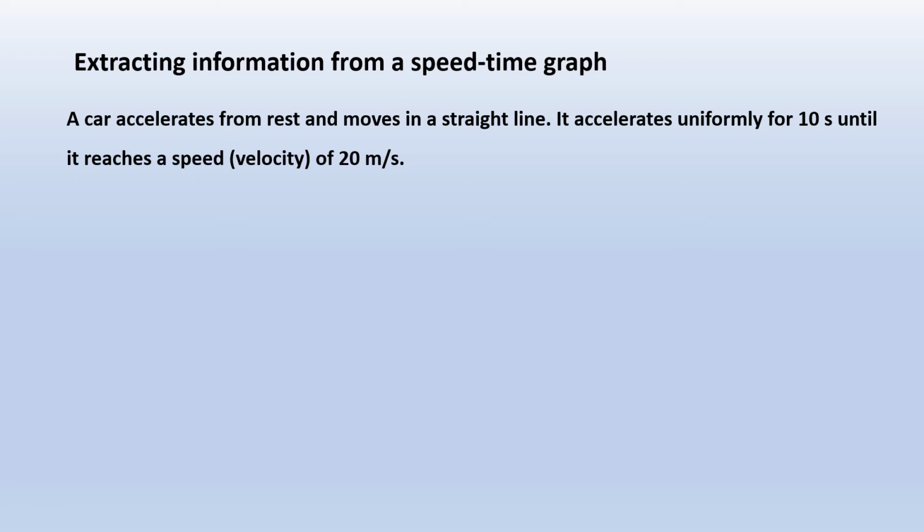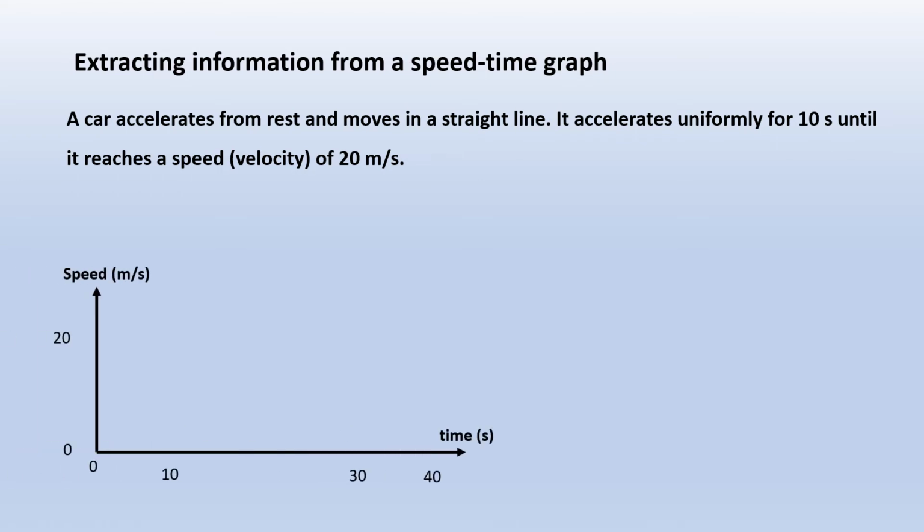Extracting information from a speed-time graph. A car accelerates from rest and moves in a straight line. It accelerates uniformly for 10 seconds until it reaches a speed of 20 meters per second.